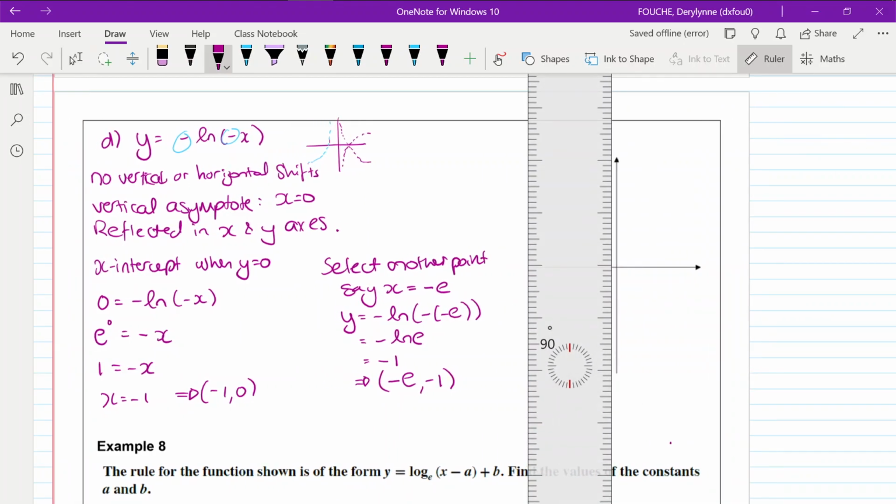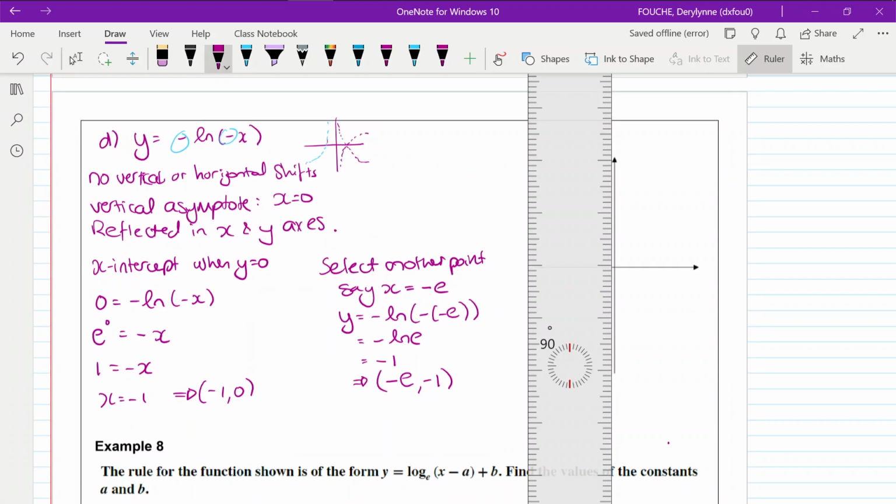Oops. Let's just put our, that's not right on the line.